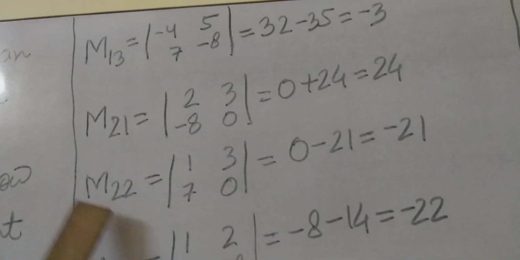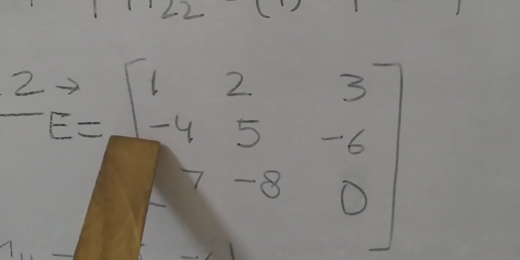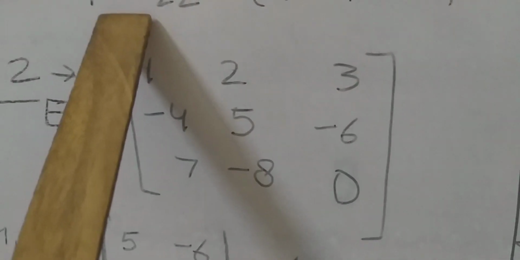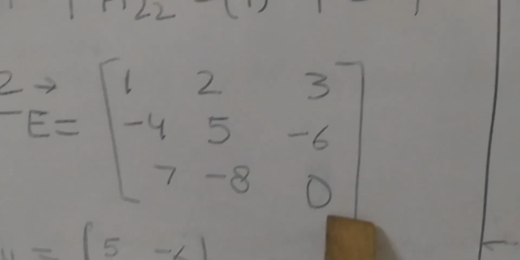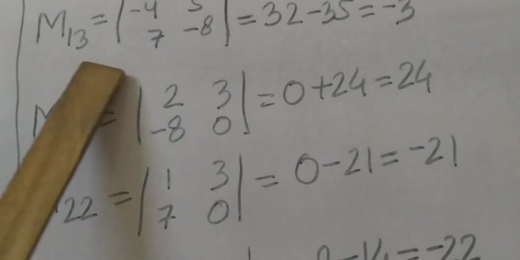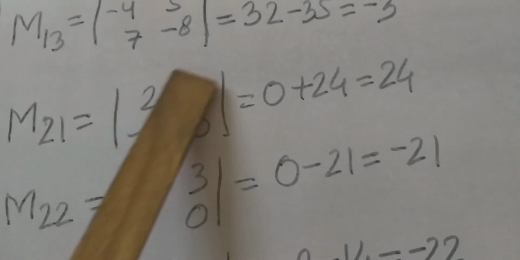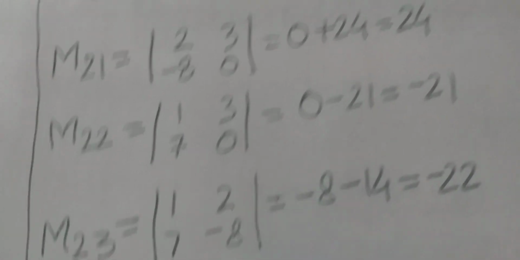Okay, students. Now the minor of A21, delete its row and column. The left values are 2, 3, minus 8, 0. Its determinant: 0 plus 24 equals 24.